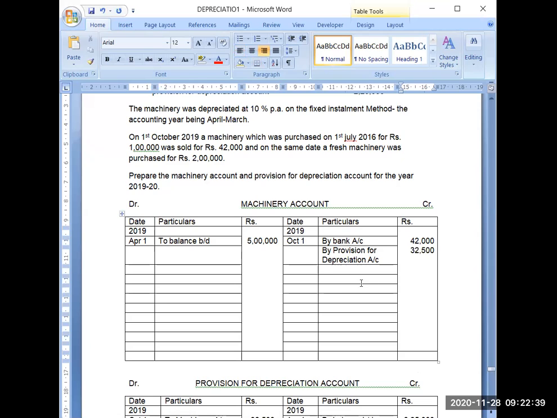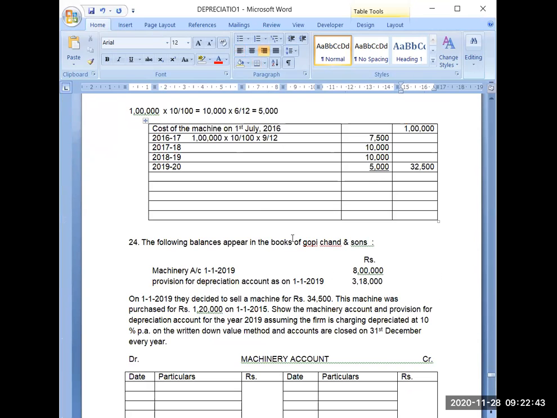32,500. Now I will calculate the profit or loss on its sale. So the written down value, WDV, as on 1st October 2019, it will be 1 lakh minus 32,500, so it will be 67,500.